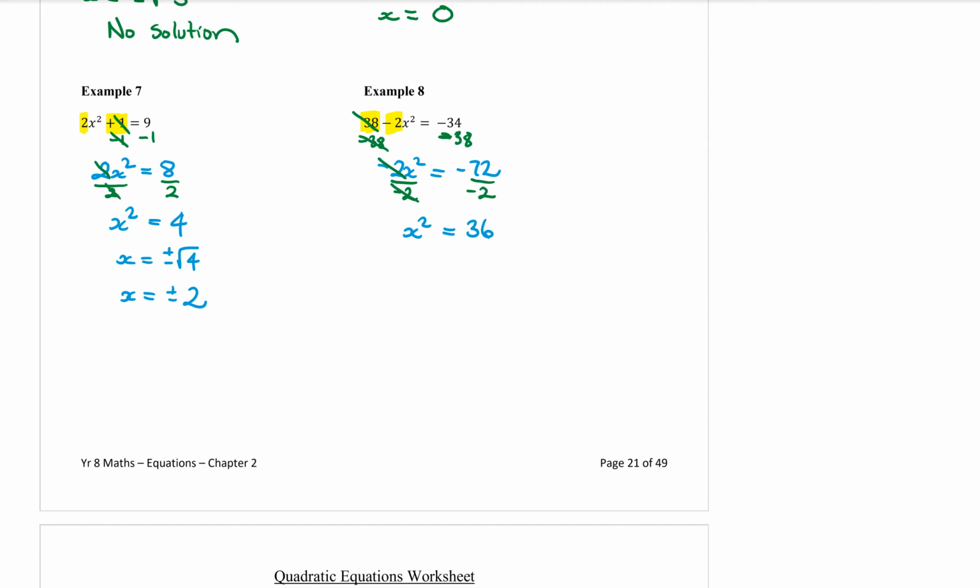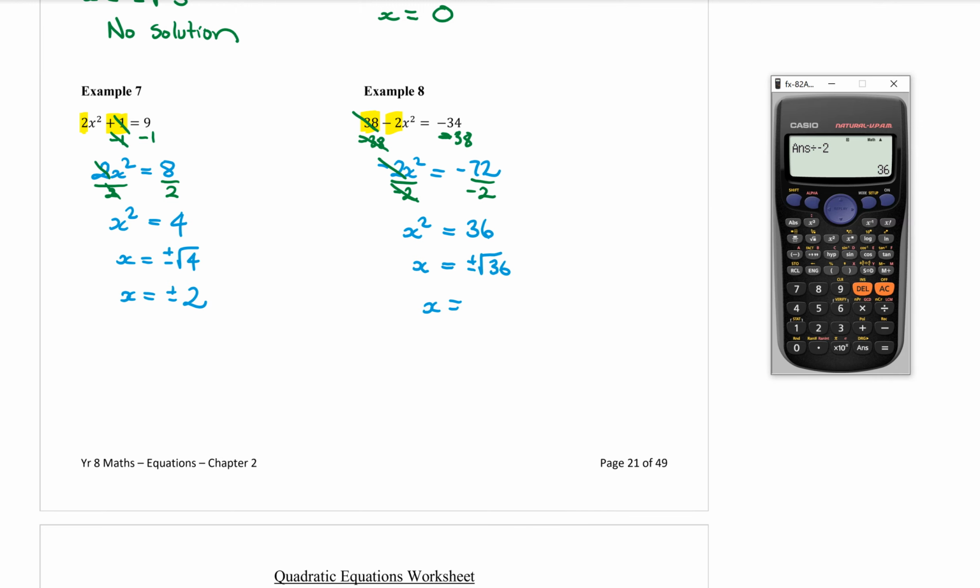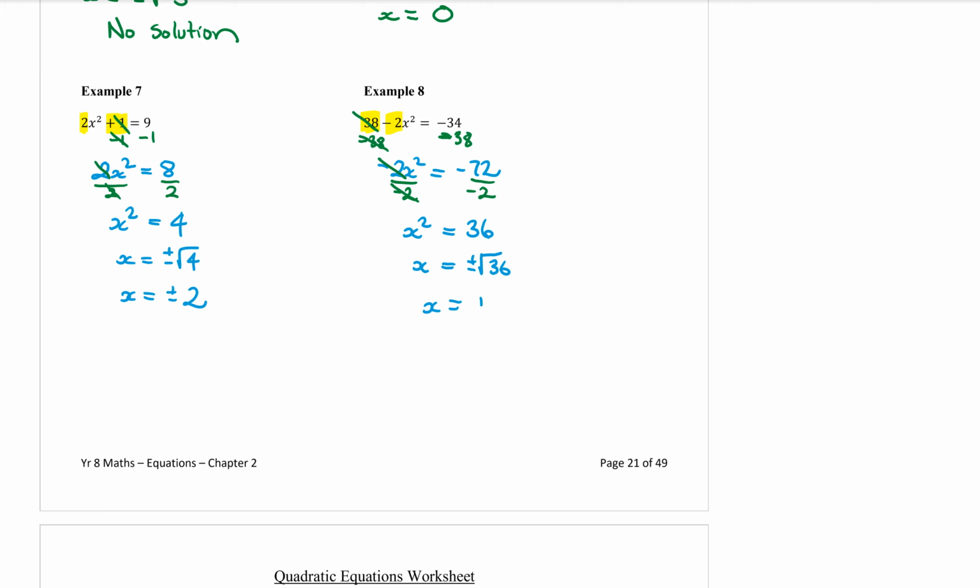Now, last thing is to get rid of the squared on that x. So that means we have to square root 36 with the plus or minus sign out the front. The square root of 36 is 6, so you can check that on your calculator. So our answer is x equals plus or minus 6.